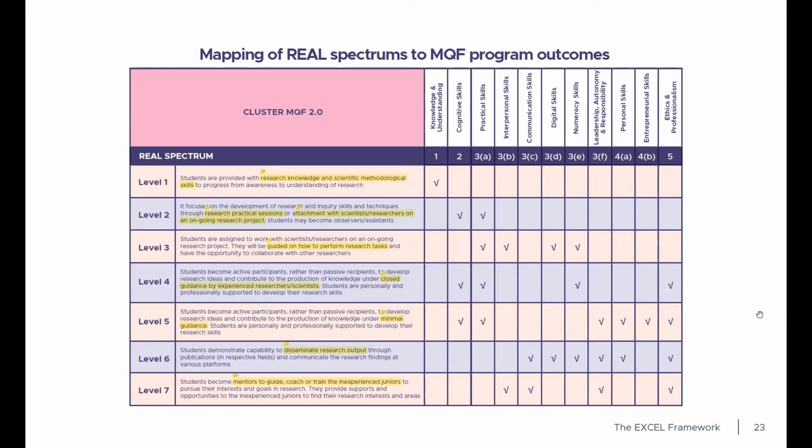And when it comes to level 5, similar to level 4, but this time, level 5, we are looking at minimum guidance. So what we are looking at is just now we have 70% of the idea come from the supervisor. At level 5, now the level of guidance from the supervisor should be minimum, and more than 70% of the idea should come from the students. Because we have trained them enough, and at level 5, the students should have come up with their own idea.